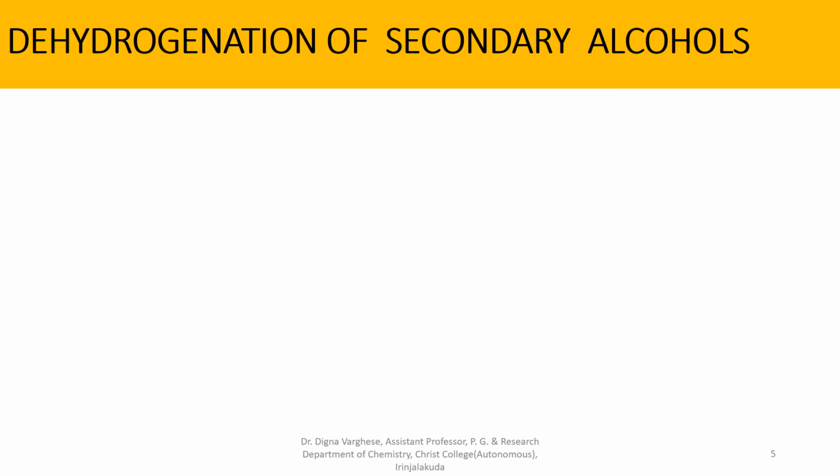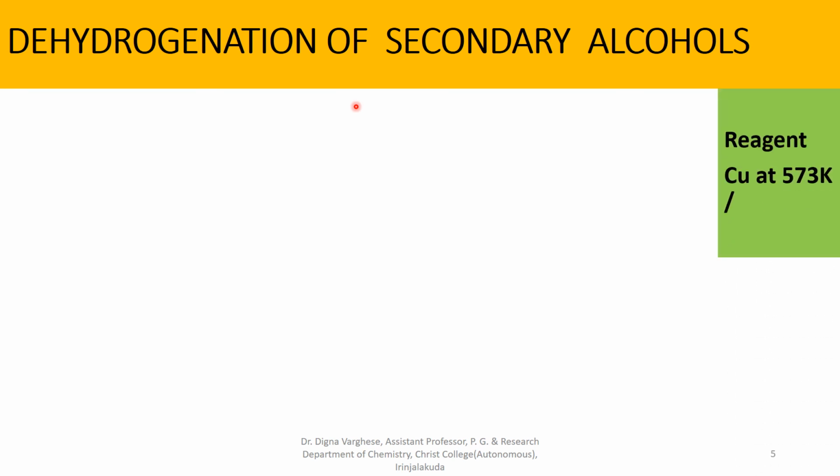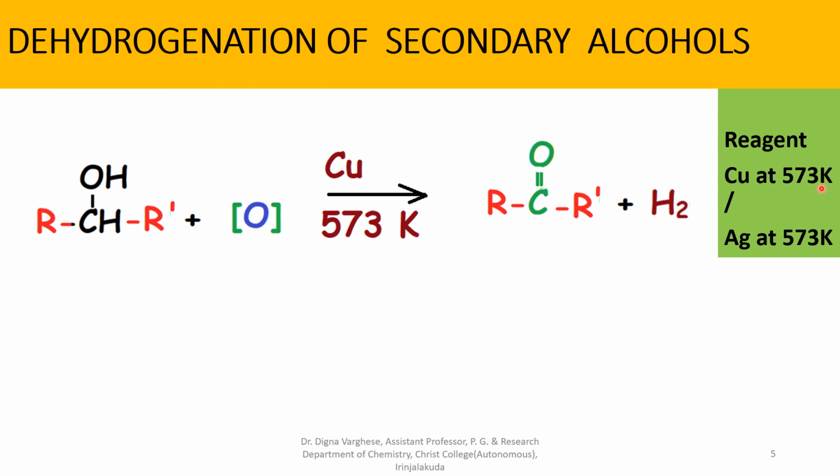And the third method is the dehydrogenation of secondary alcohols. The reagent is copper at 573 Kelvin or silver at 573 Kelvin. We can use secondary alcohol, which is passed over heated copper or heated silver, forming ketone.